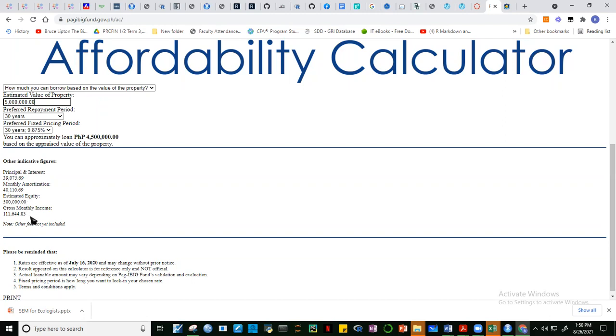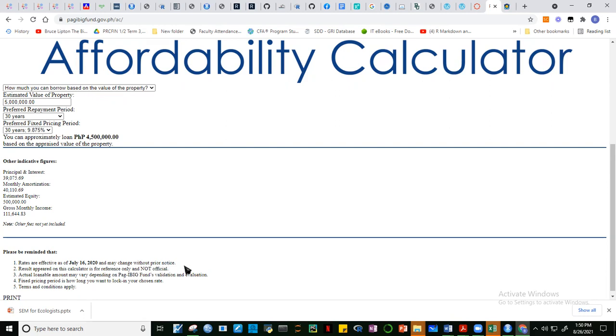Tapos sinasabi pa dito guys na dapat ang average monthly income pag maglo-loan tayo ng ganito is 111,644. So may way si Pag-ibig para i-compute, no? Dito may mga konting reminders. Rates are effective July 16, 2020 and may change without prior notice.